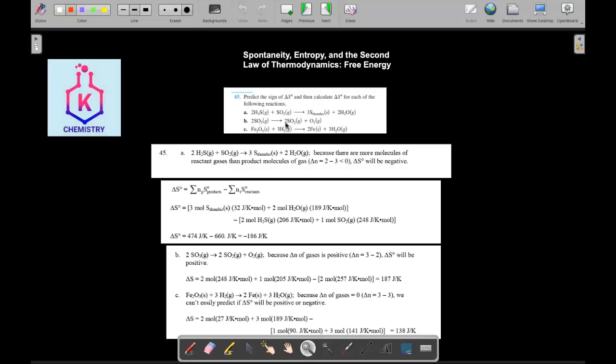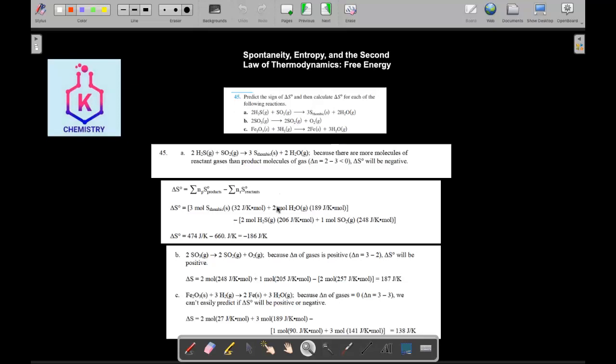2 molecules of gas changes into 3 molecules of gas, more randomness, so it will be positive value. And see also Fe2O3, 1 solid and 3 gas change into 2 solid and 3 gas. So this is 1 solid and this is 2 solids, and this 3 gases and this 3 gases.